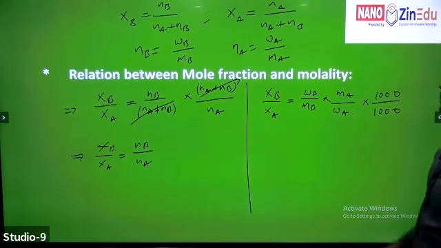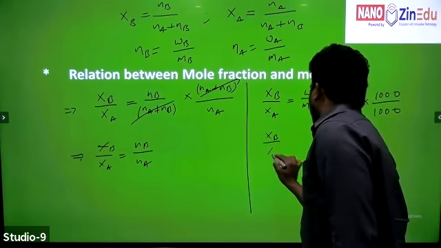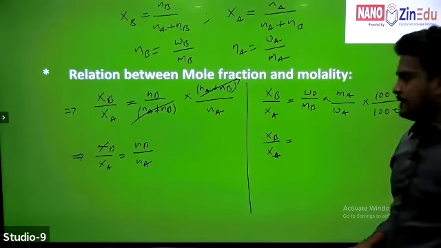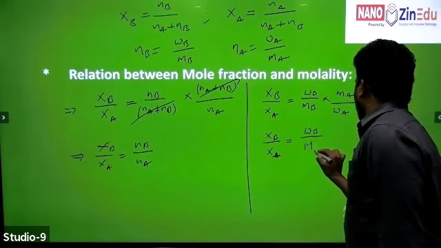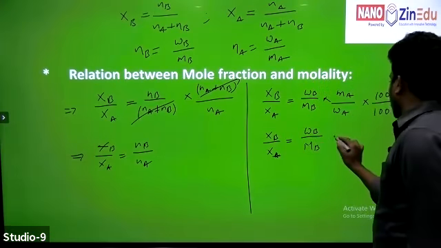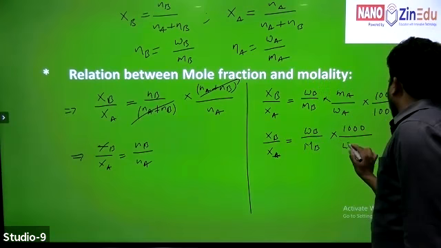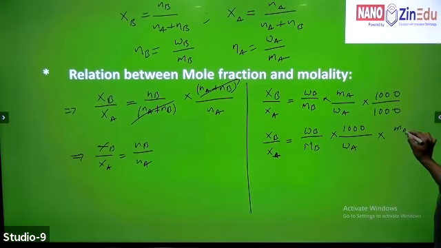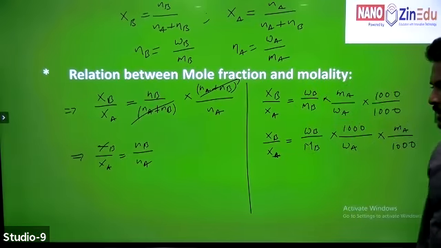Now see, on rearranging, xb by xa is equal to weight of solute by molecular mass of solute into 1000 by Wa, and the remaining terms are Ma by 1000. Again 1000 gets cancelled, and we get the same formula as above.